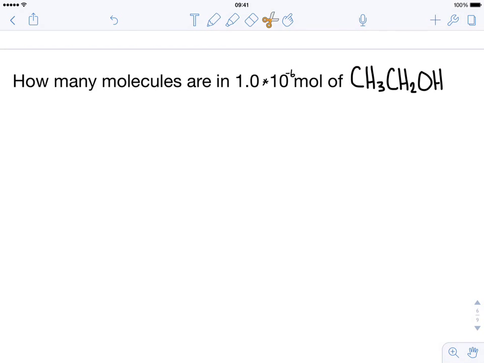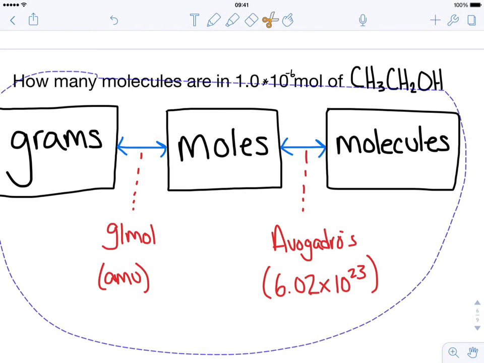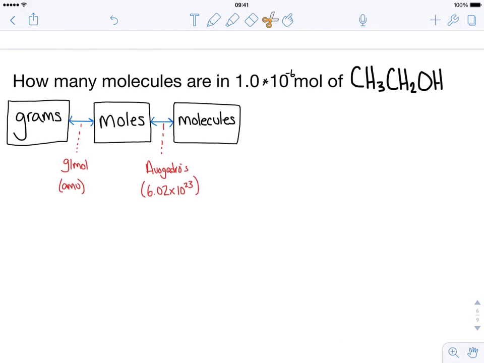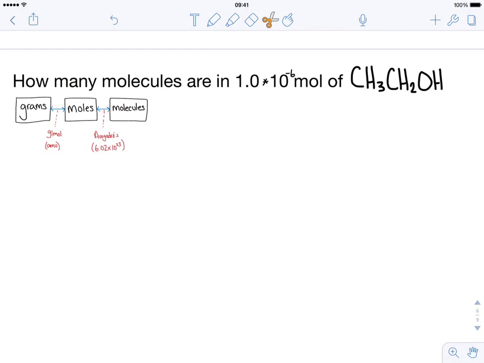Let's look at another practice problem. Let me paste our roadmap here. Okay, this question is asking how many molecules are in 1.0 times 10 to the negative 6 moles of CH3CH2OH. Okay, so what are we given?